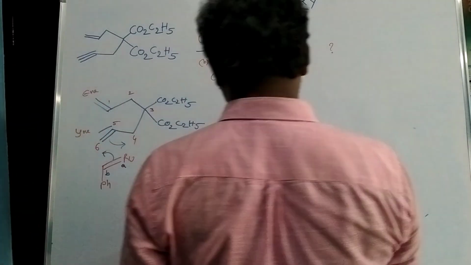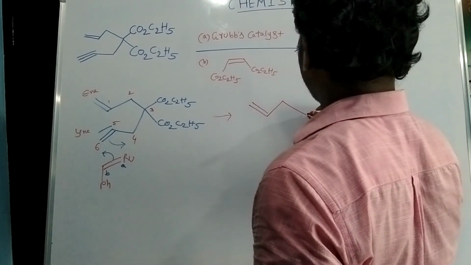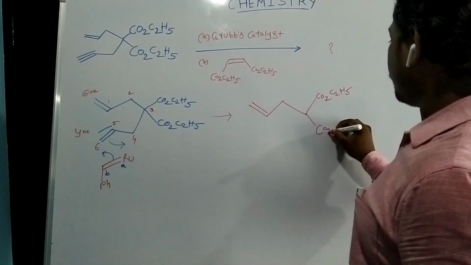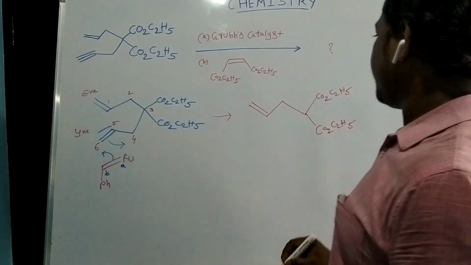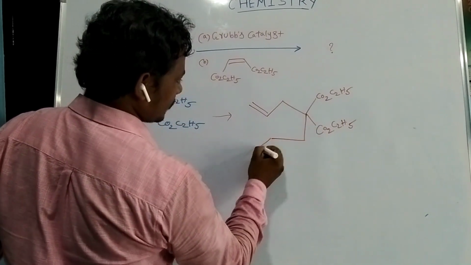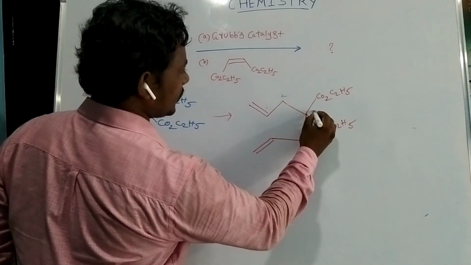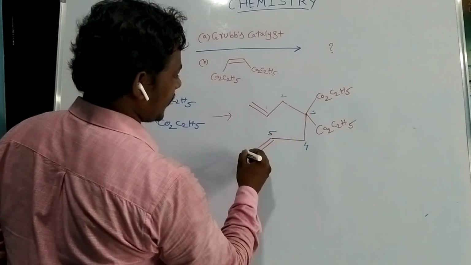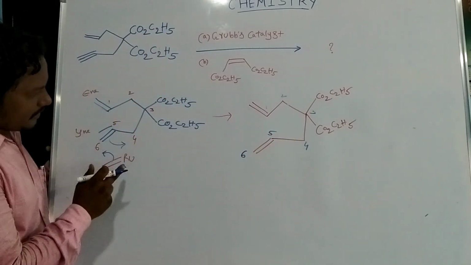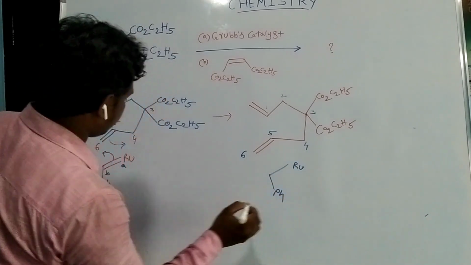Now, here you can understand: CO2C2H5, CO2C2H5, double bond. The numbering is 1, 2, 3, 4, 5, 6. If you look, new bonding is coming in between 5 and A. This is the ruthenium, this is Ph.